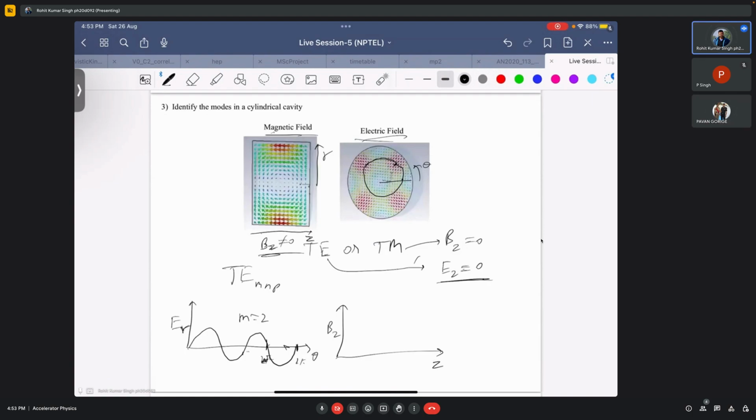So this is the transverse view of the cylinder, and this is the longitudinal view, okay. This is the direction of z, and this is the radial direction, and magnetic field vectors are plotted, okay. Now if you go in the z direction, what do you see, what happens to the Bz? Yeah, it exists, I know, but how does it change?